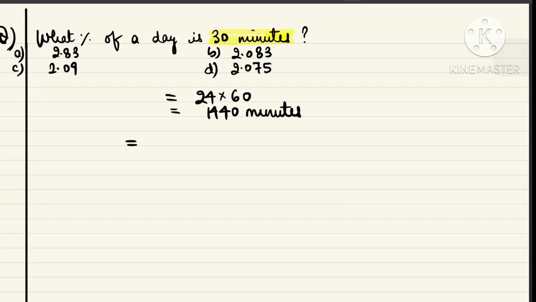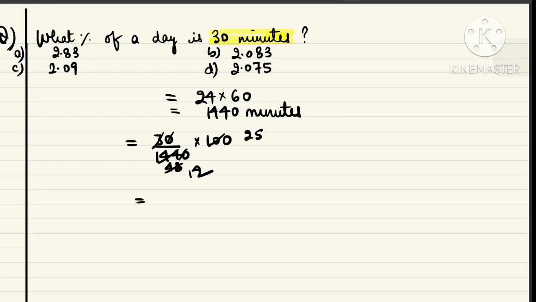Now we have to find the percentage. So 30 upon 1440 multiplied by 100. So we will cancel it by 3, and by 4.